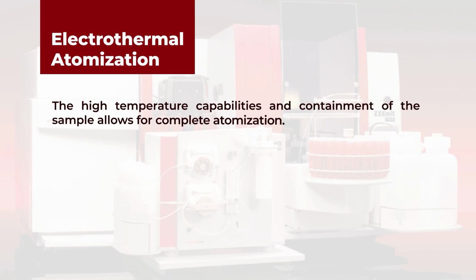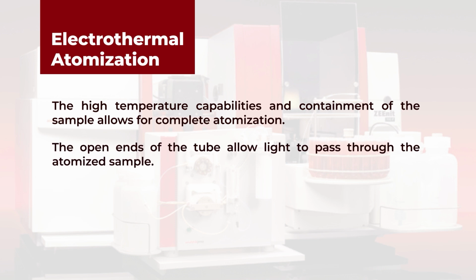The high temperature capabilities and containment of the sample allow complete atomization. And the graphite tube has open ends so that the beam can pass, okay. So this graphite furnace allows the atomic absorption spectrometer to achieve a very low level of quantification, LOQ, very, very low.